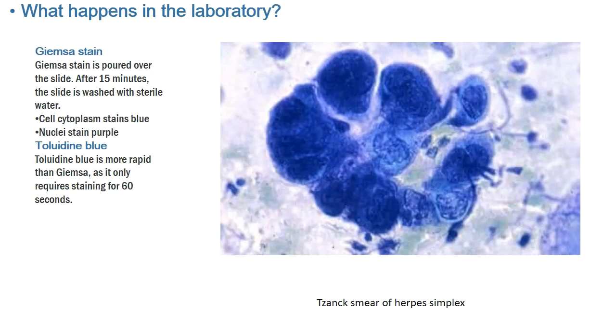We use a Giemsa stain, which is poured onto the slide, and after 15 minutes the slide is washed with sterile water. Cell cytoplasm stains blue, as you can see in the figure alongside, and the nuclei characteristically stain deep blue to purple. Toluidine blue is another stain which can replace Giemsa stain, as it is rather quick and requires merely 60 seconds.